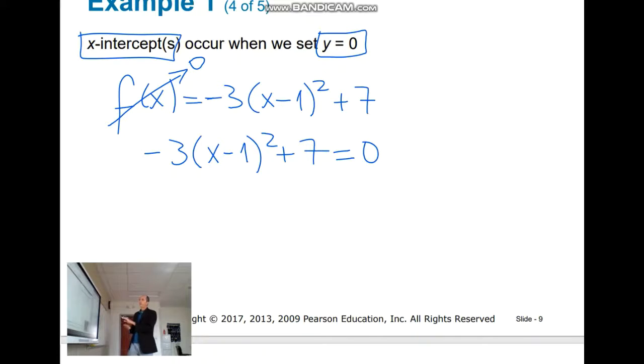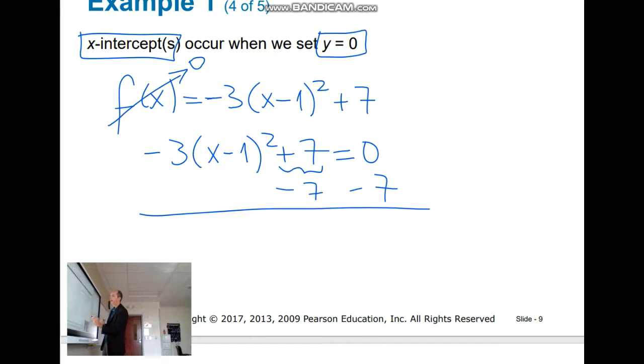Let's move everything that's not this parenthesis squared, where we have our variable, to the right hand side. So let's subtract 7 from both sides.